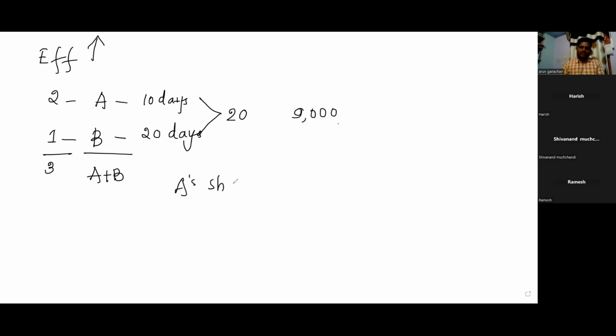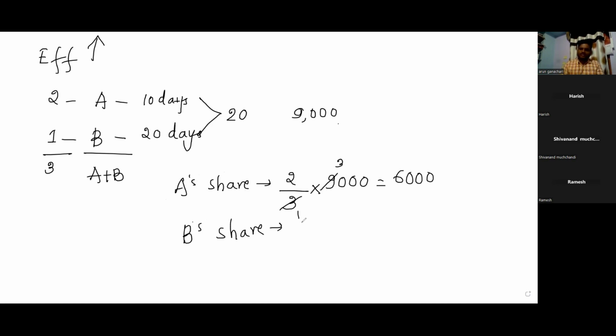A's share: take A's efficiency, 2, divide it by total efficiency 3, into the total money 9,000. 3 ones are 3, 3 threes are 9, so 2 into 3 is 6,000. For B's share, we do the same: B's efficiency 1 divided by 3 into 9,000, so it will be 3,000.